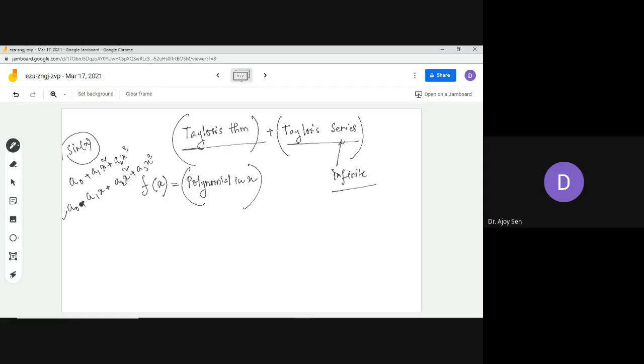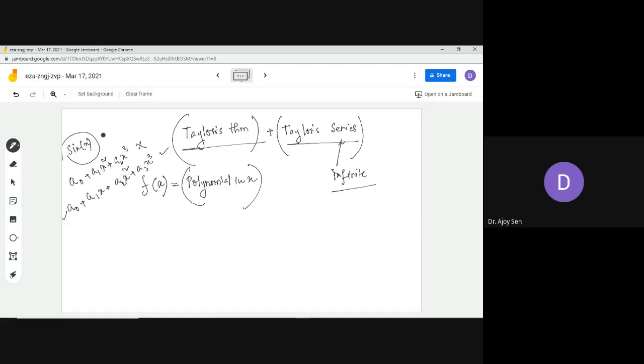This is the general form of a polynomial of degree 3. In this way you can generalize to degree 4, degree 5. But sin x, you know, is not a polynomial.